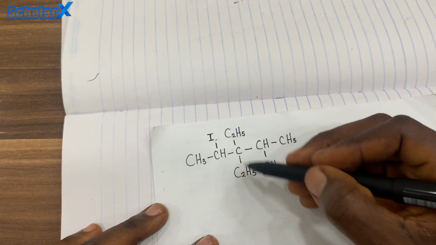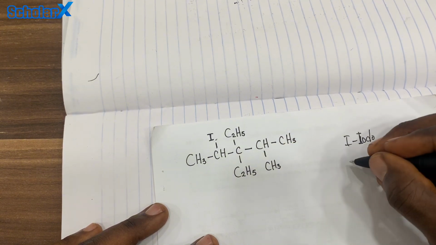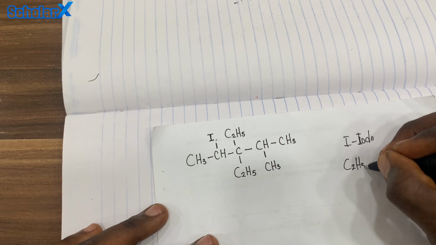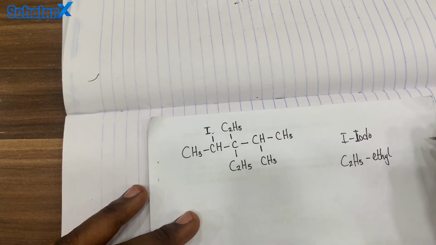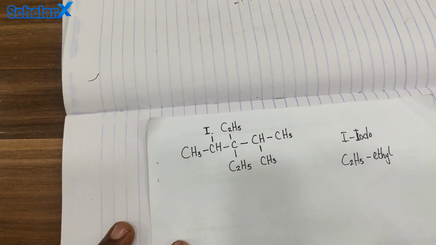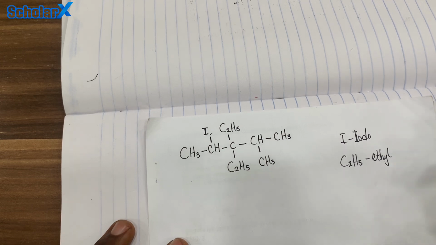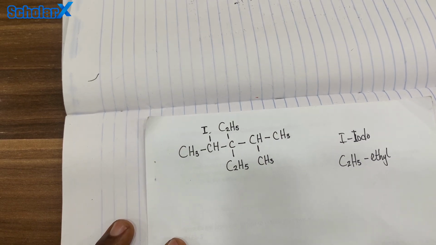Now, then this is another substituent, and they are organic, and C2H5 is called what? Ethyl. All right, it's called ethyl. When it's CH3, it's called methyl. When it's C2H5, it's called what? Ethyl. All right. Now, if you notice very well, the alkyl groups have a difference of just 1 carbon and 2 hydrogen. All right.